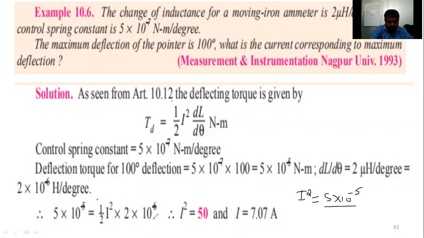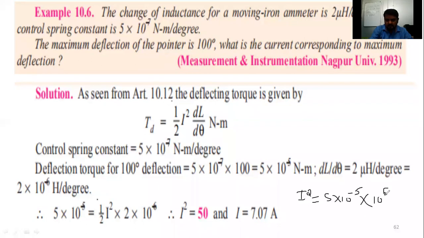This side term is 10^-6. When I send it to the left-hand side, it becomes 1 by 10^-6. When I remove this, I send it into the numerator, and it becomes 10 to the power of +6. So 1 by 10^-6 will become 10^6.